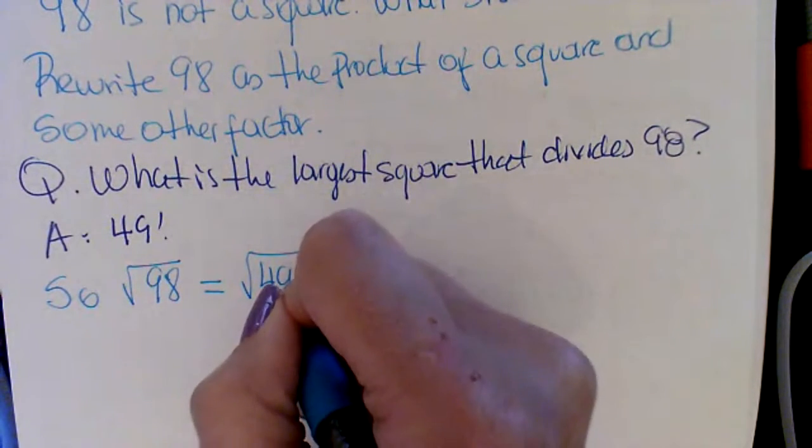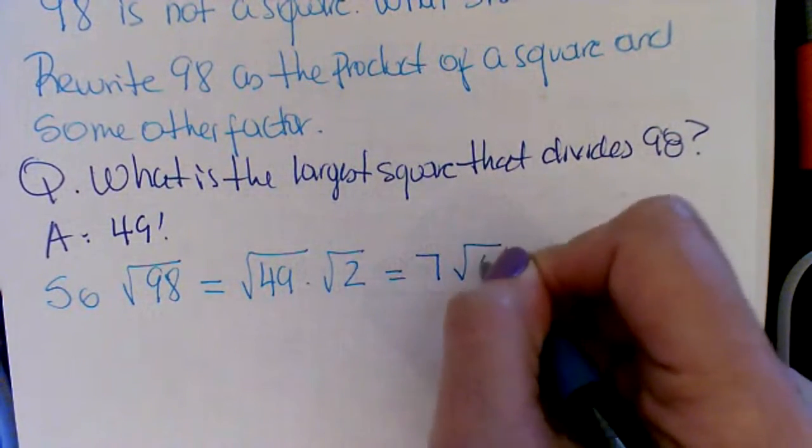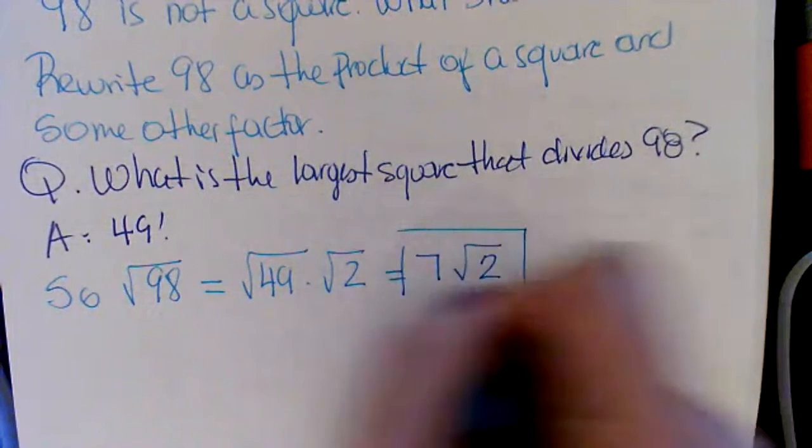And I know the square root of 49 is 7. The square root of 2, that's going to be my answer.